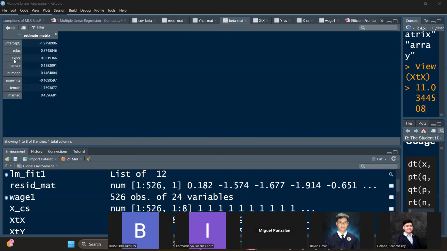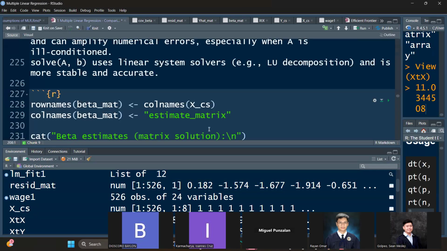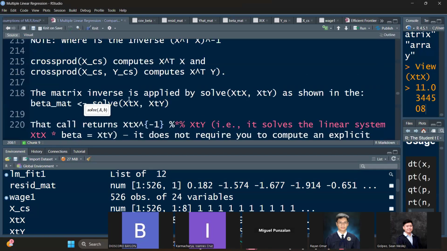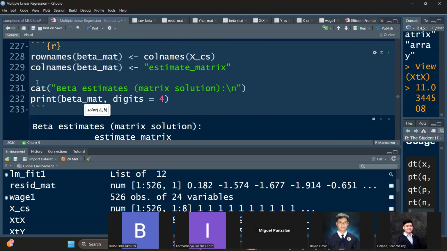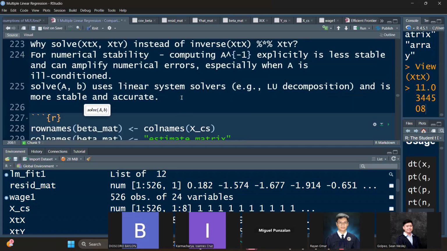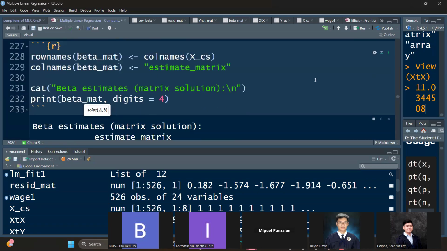Okay. So we leave this beta matrix that we created. The beta matrix was born out of our model, X transpose X inverse X transpose Y. And let's just change some of the column names here.